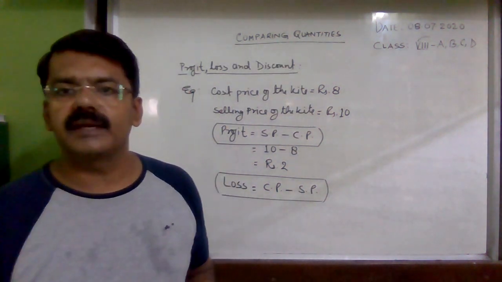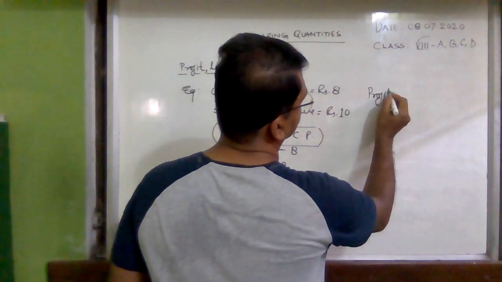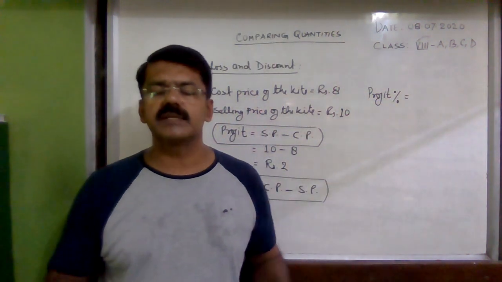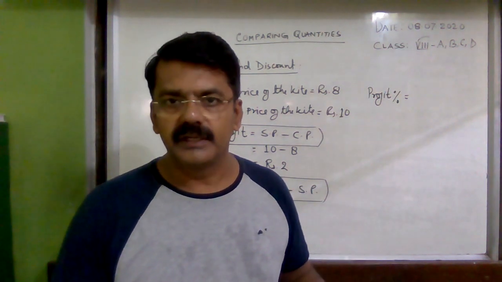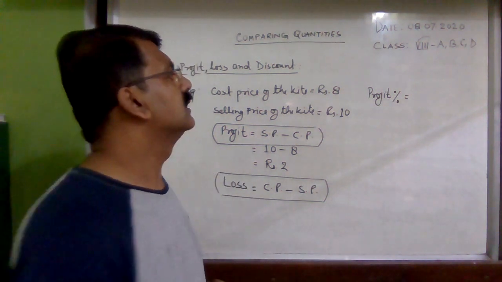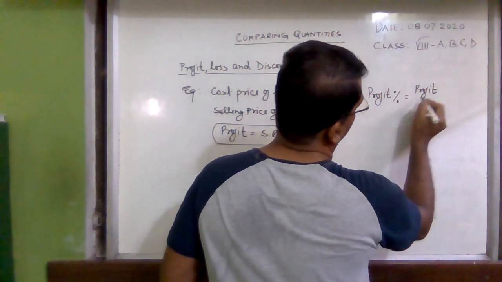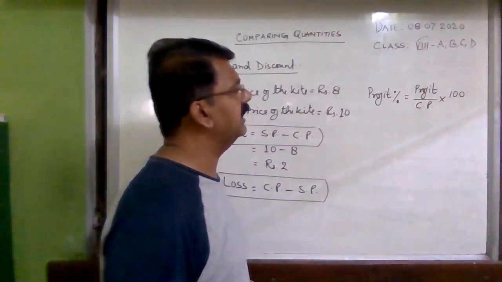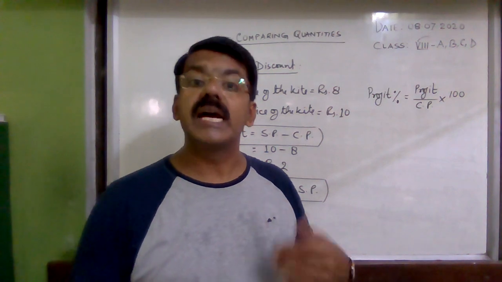So two more formulas are there. One is profit percent. As I told you in the previous class, percent is per 100. So whatever profit we are getting out of 100 is the profit percent. So the formula for profit percent is profit upon CP into 100. Always remember that profit percent and loss percent are calculated on CP.